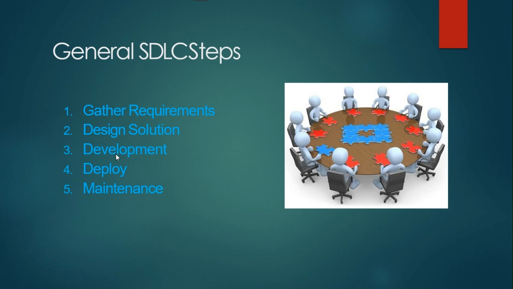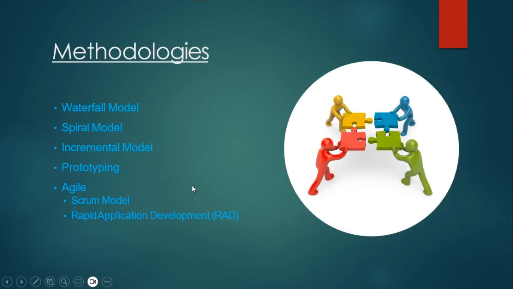So it is deployed for the end users, and maintenance is what happens after end users start using it. If they face any kind of issue, that is part of the maintenance. So that is the SDLC cycle, in which it goes through a certain set of areas before it can actually be used and be live.